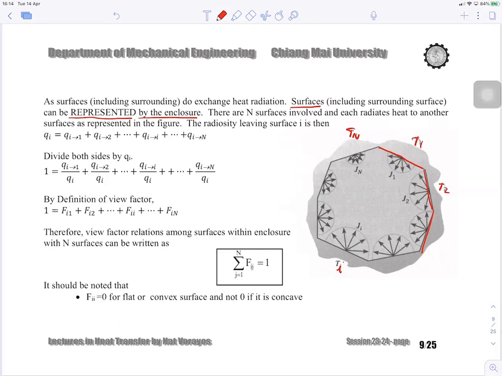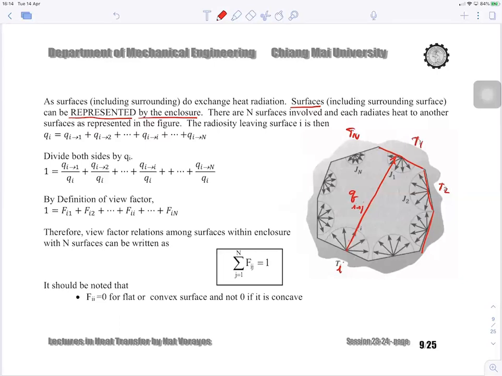So in order to emit the energy out, there will be energy out from surface i, heat radiation from surface i to surface 1. It is the Qi to j.